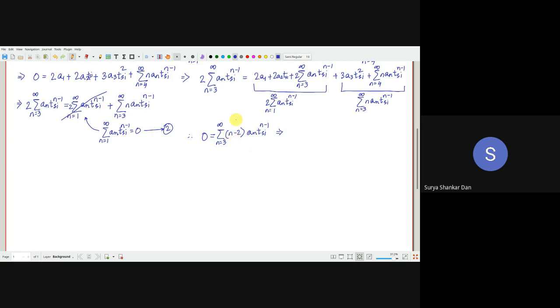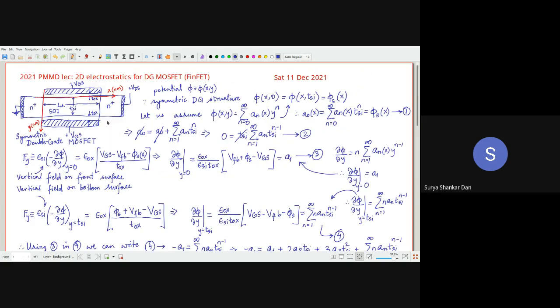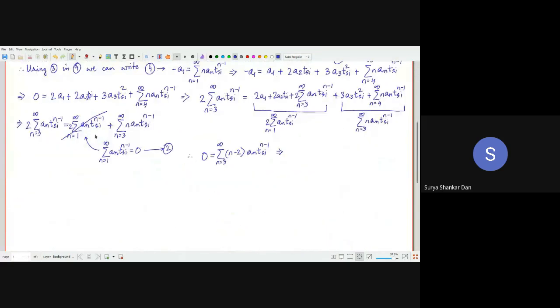So this is not equal to 0. Then tsi to the power of n minus 1 varies from tsi square and higher orders. And tsi is never 0, because if tsi is 0, that means the silicon thickness is 0, which is impossible. Therefore, a_n for n greater than or equal to 3 has to be 0.